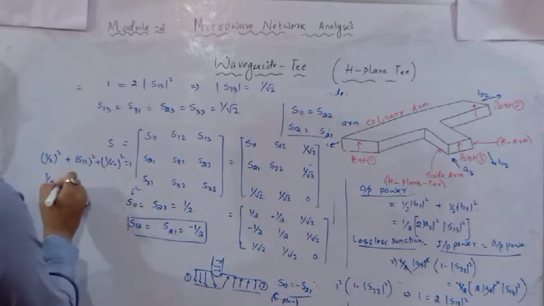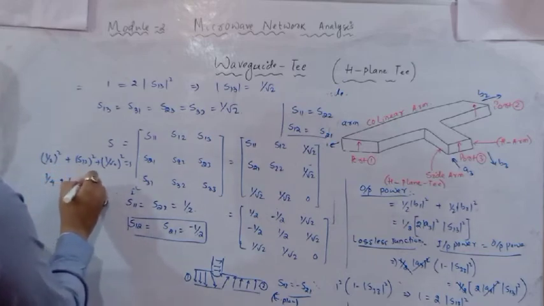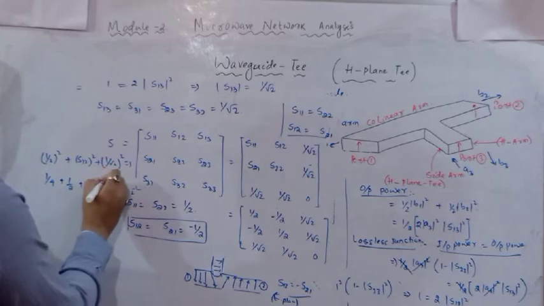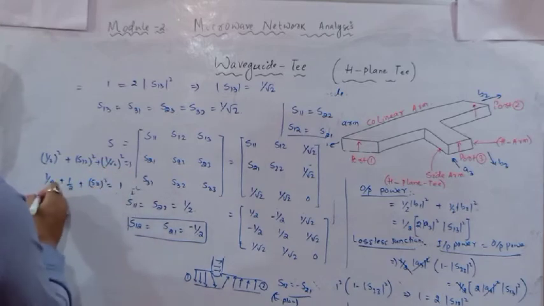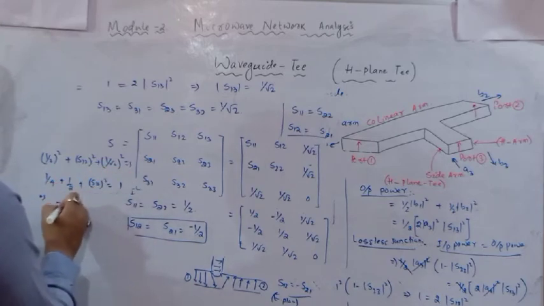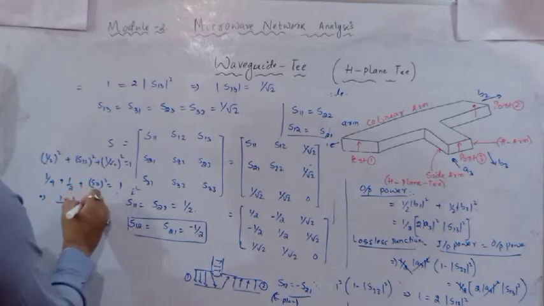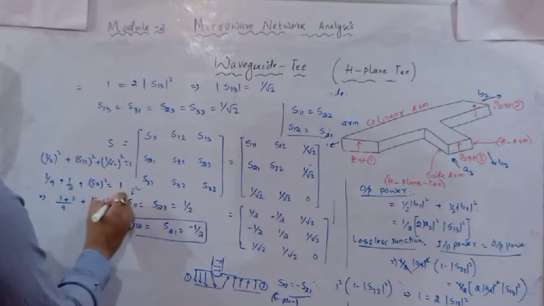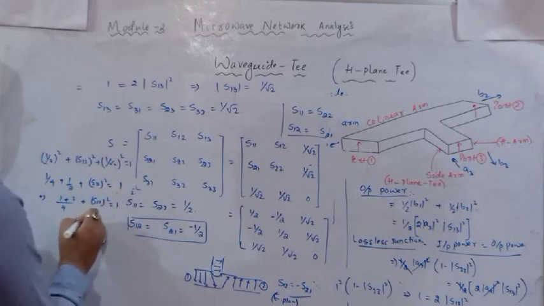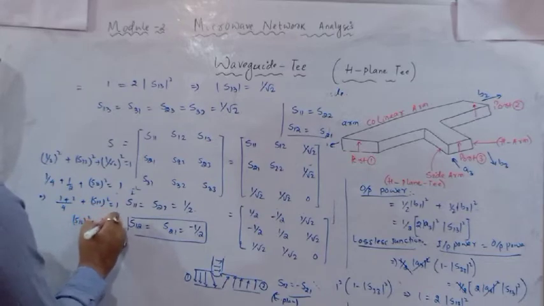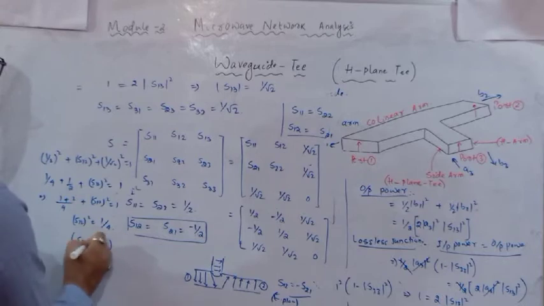It is 1 by 4 plus 1 by 2 plus 1 by 2 square, it must be equal to 1. So S12 square equals 1 by 4, so S12 is 1 by 2.